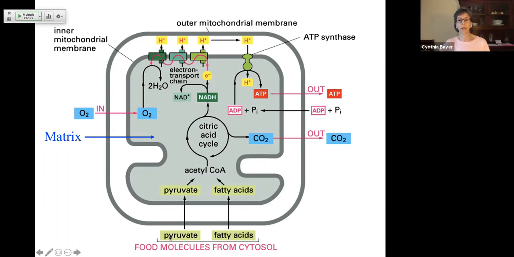And I think I mentioned on Monday that other fuel products can also enter the citric acid cycle. Fatty acids, the breakdown products of fatty acids from fat, our other primary fuel source, can also be fed into the citric acid cycle, and electrons can be extracted from those carbons as well.